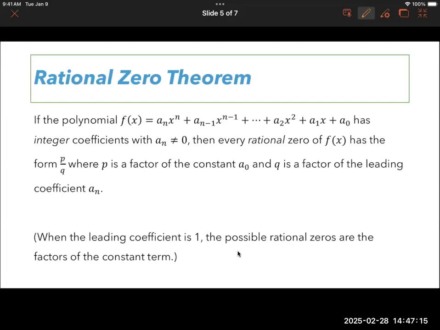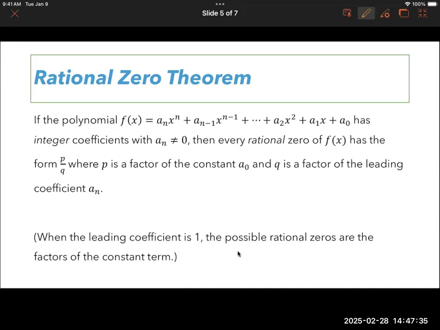And it says if your polynomial f of x equals, and this is just a fancy way of in general saying what your polynomial might be, it's going to be to a certain degree. You're going to have terms where your degree decreases by 1 all the way down to your constant a sub 0.